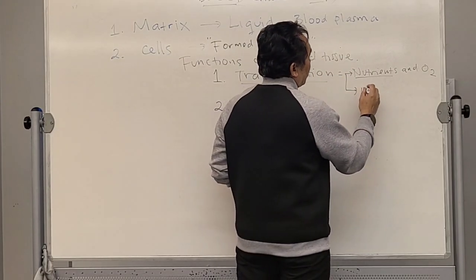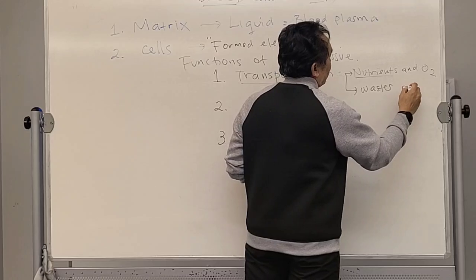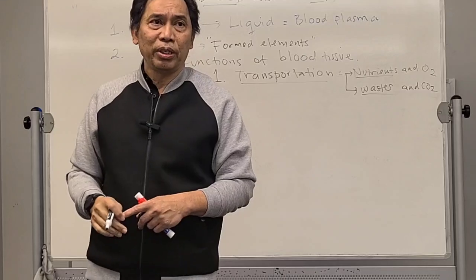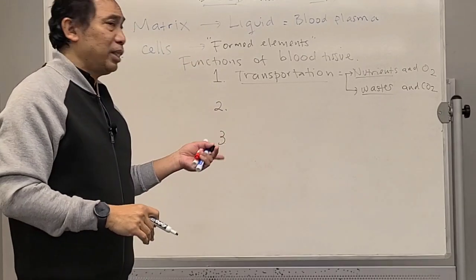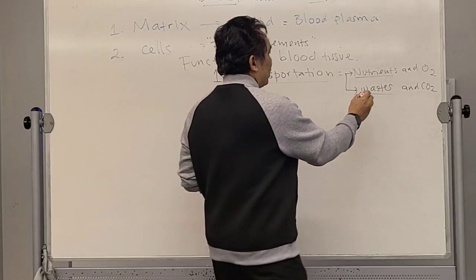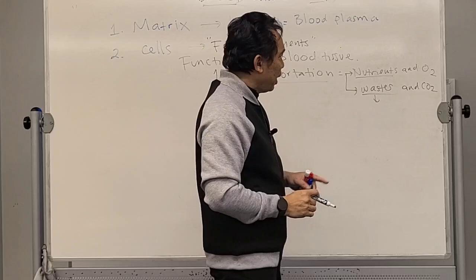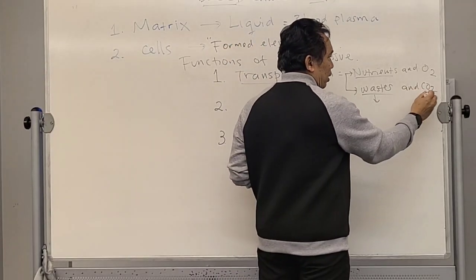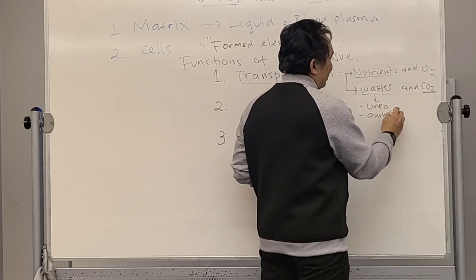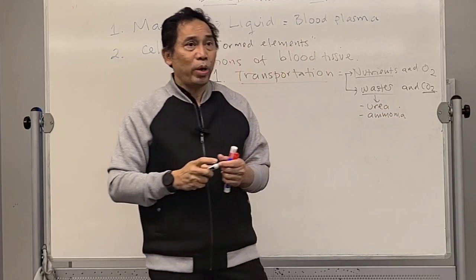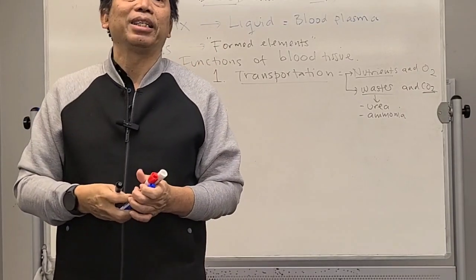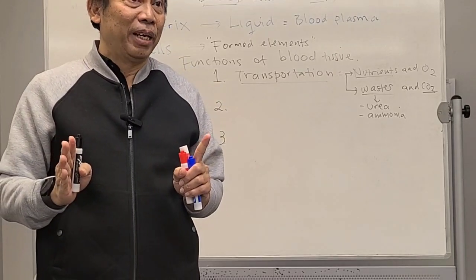And also it transports waste, including carbon dioxide. So transporting nutrients and oxygen and waste products and carbon dioxide. Example of waste products that are transported by the blood, in addition to the carbon dioxide, are urea and ammonia.